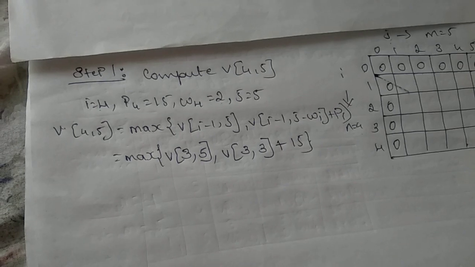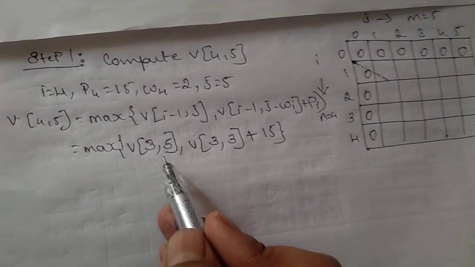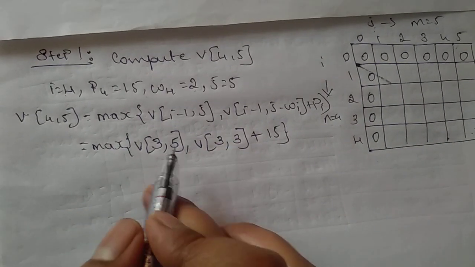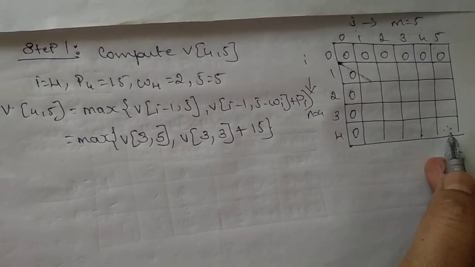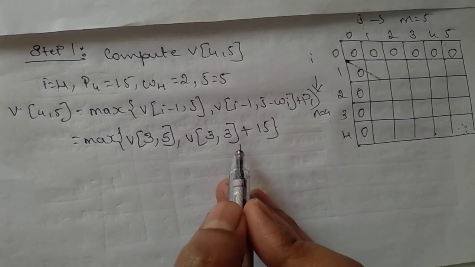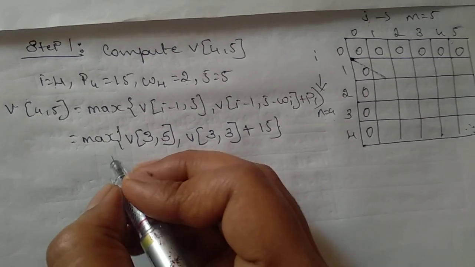Now we don't know the value of V of 3, 5 and V of 3, 3. What is the meaning of this? To compute the optimal solution we need to compute V of 3, 5 and V of 3, 3.